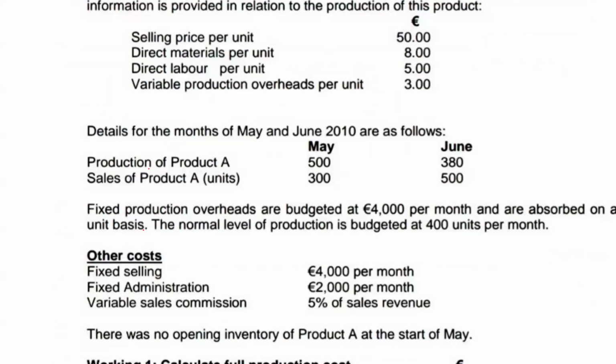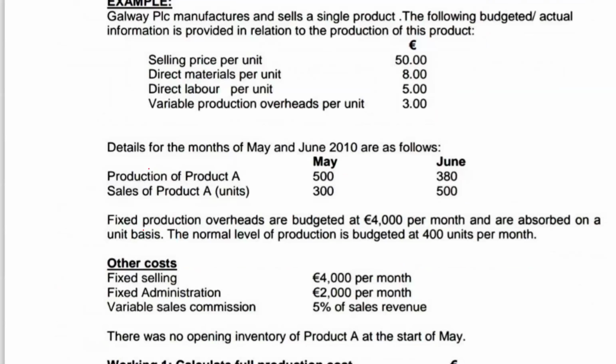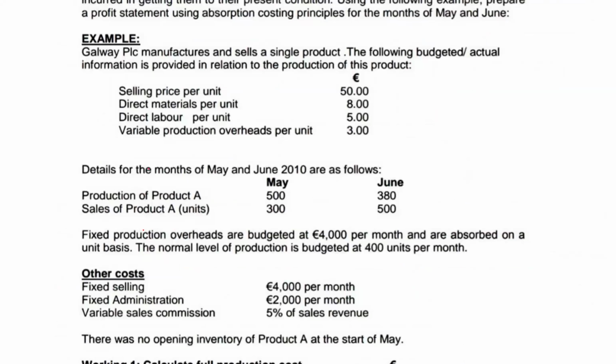Most importantly, fixed production overheads are budgeted at 4,000 per month. So there is a guide here that the fixed production overheads are budgeted at 4,000 per month and are absorbed on a unit basis.